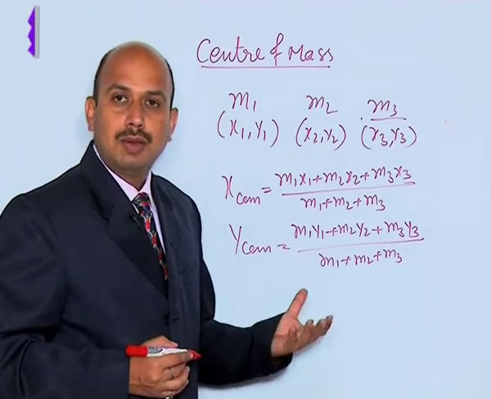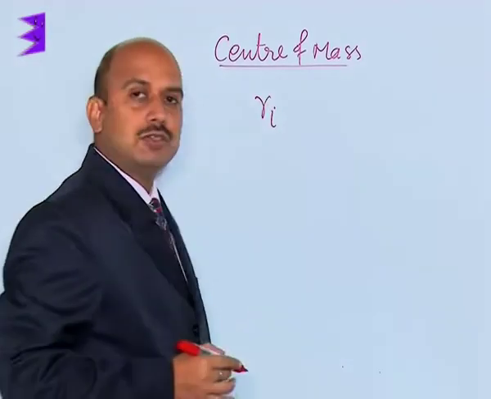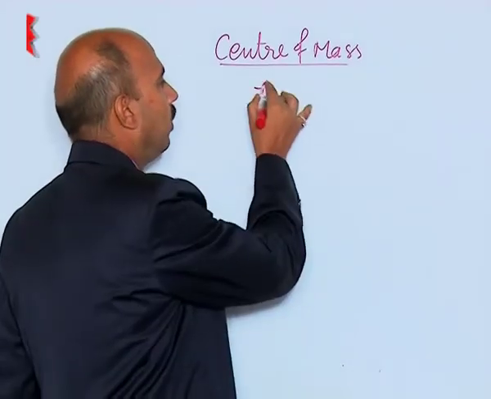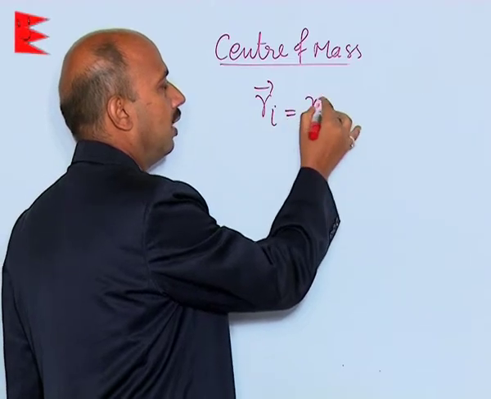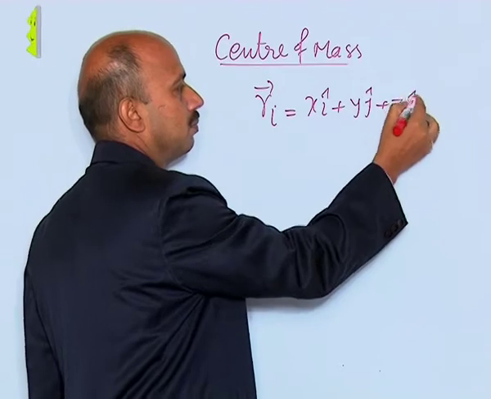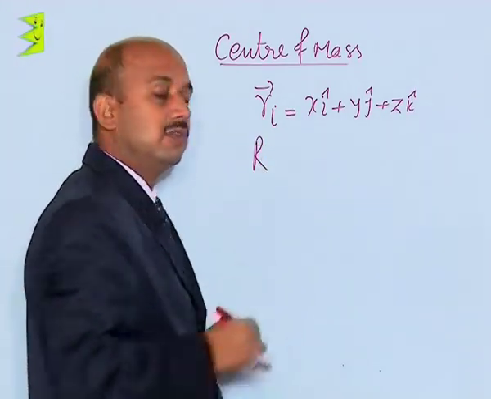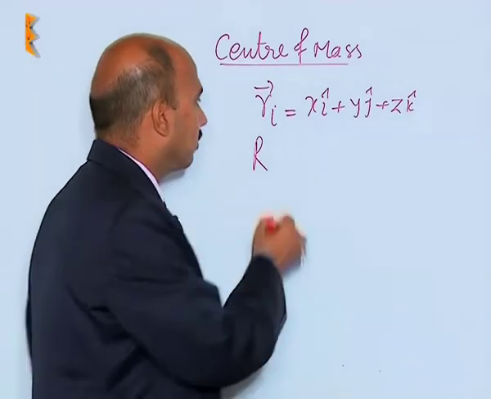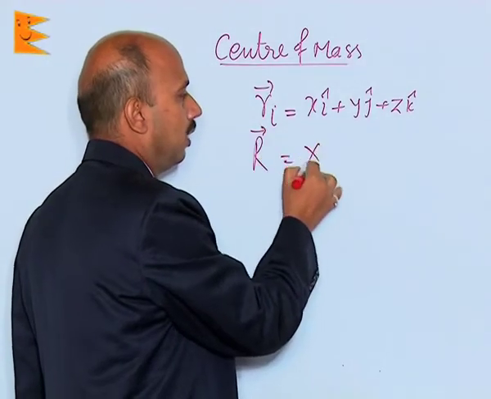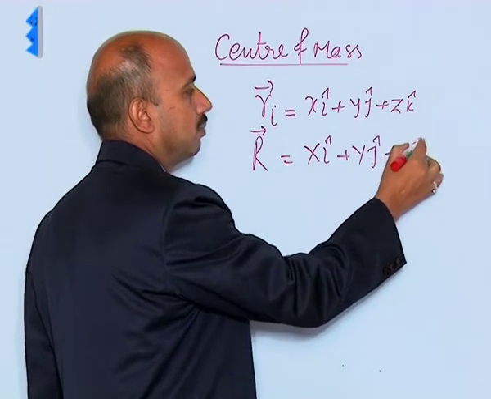If Ri is, suppose, the position vector of the ith particle, then you can write Ri is equal to xi cap plus yj cap plus zk cap. Now, capital R, this one is the position vector of the center of mass. Then you can write R is equal to xi cap plus yj cap plus zk cap.